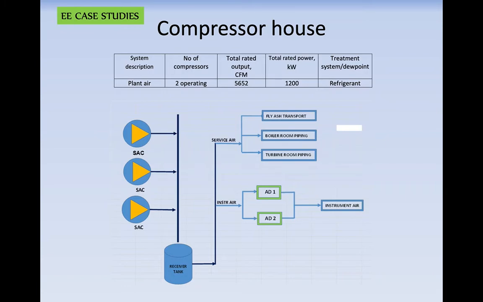The total rated output from these two compressors is about 5,652 cubic feet per minute, with the total rated power about 1,200 kilowatts. And both of the air dryers are refrigerant dryers. As maybe you know, there are several types of air dryer. The most popular are the refrigerant air dryer and the adsorption dryer.